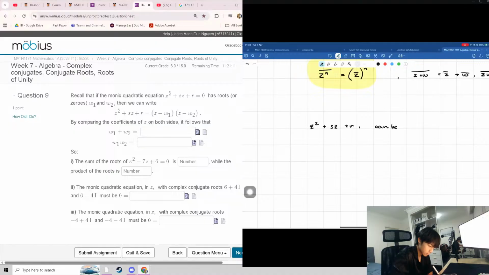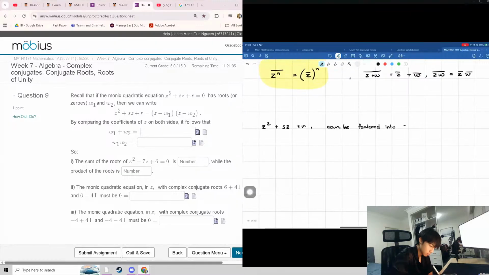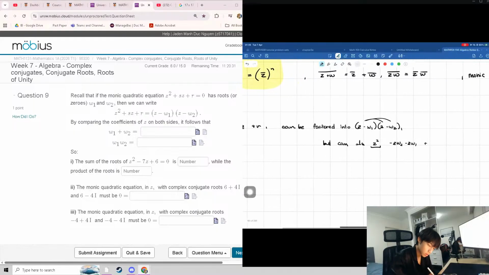Can be factored into Z squared minus ZW2 minus ZW1 plus W1 W2.